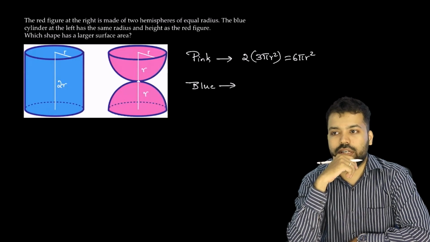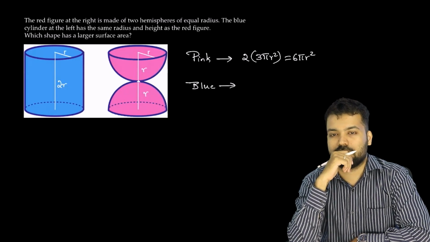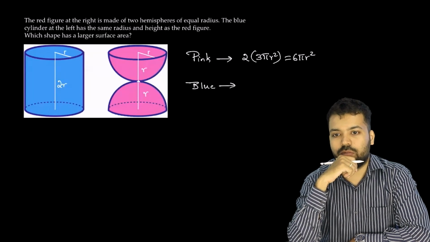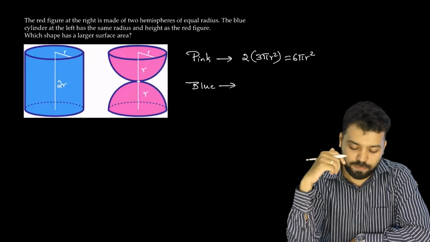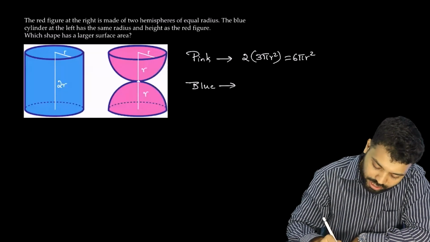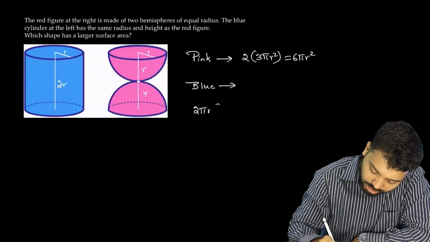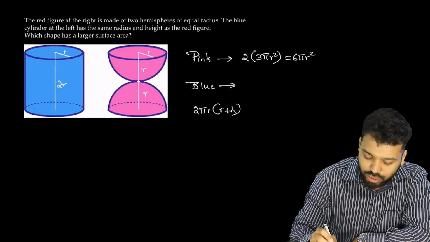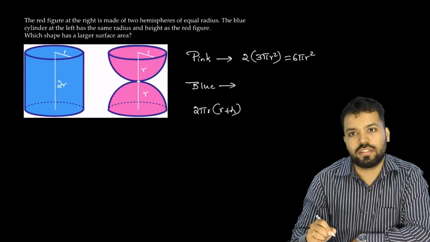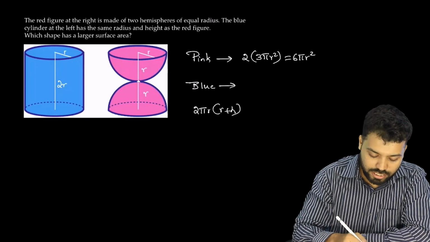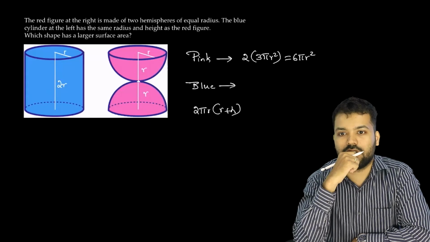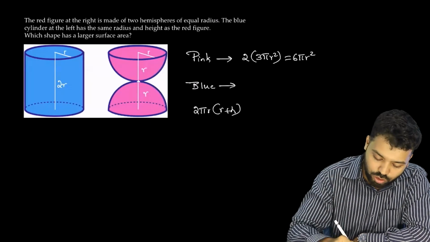Yes, the formula is 2 pi r into r plus h. We had seen this in the last class. But what is h in our case? 2r. Yes, it is 2r.